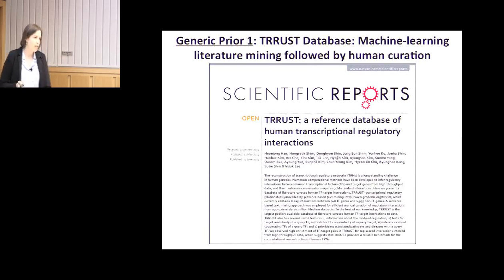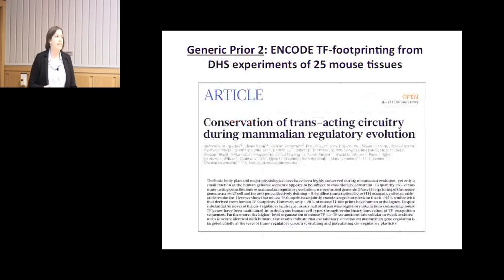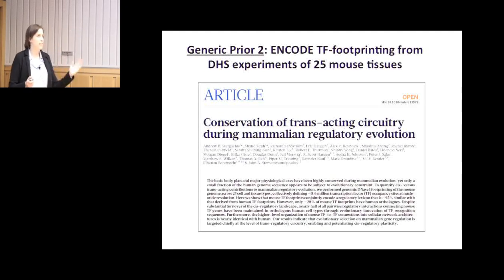The other generic prior that we used was based on DNase hypersensitivity accessibility measurements in 25 different mouse tissues, which was part of the ENCODE project. Basically, footprinting was done in these accessible regions. So this is kind of similar to what I'd done, except in random cell types that were not Th17.